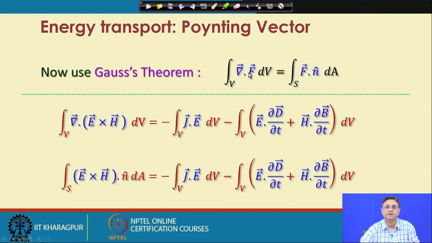So, if we substitute for F this E cross H, then we can rewrite this equation del dot E cross H dV equal to the right hand side, which we have seen as it is. Now, if I apply this Gauss's theorem, I can write this equation as the surface integral of E cross H dot n unit vector dA, the integral of that will be equal to the right hand side.